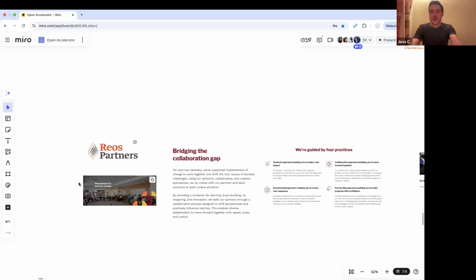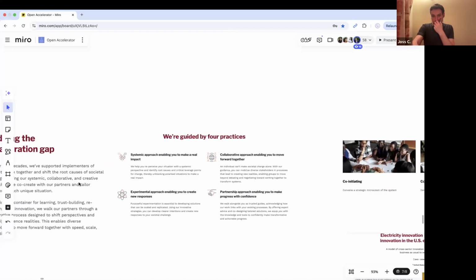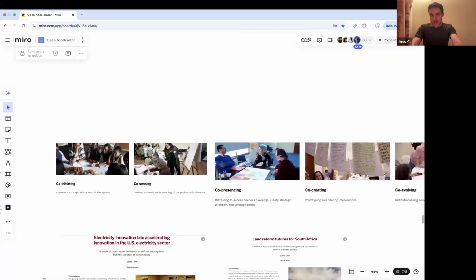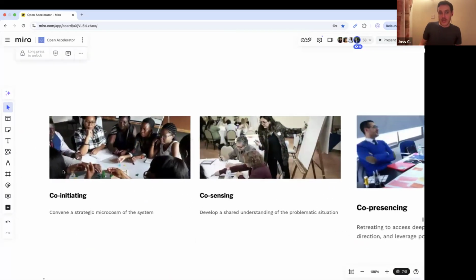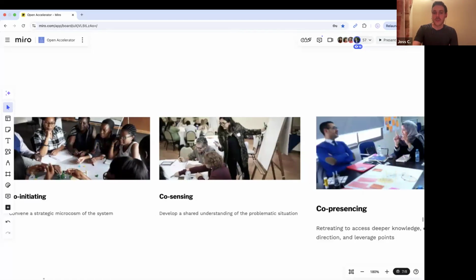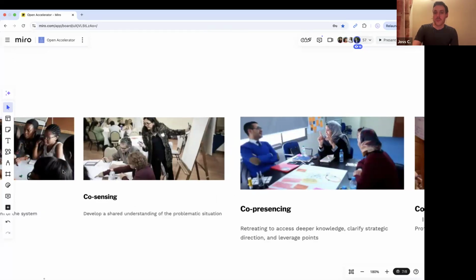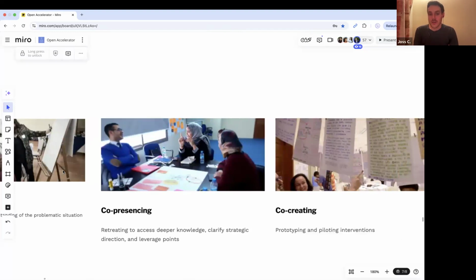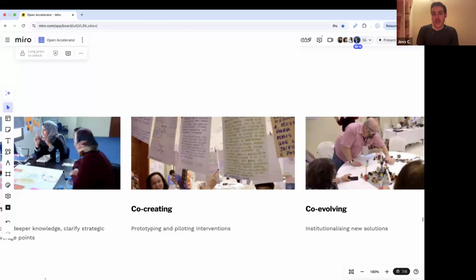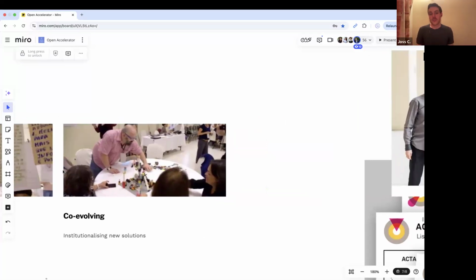Also, this is Rio's partners, who do a lot of facilitating systems change, and this is the kind of work that they do. Start with co-initiating, convene a strategic microcosm of the system; co-sensing, develop a shared understanding of the problematic situation; co-presencing, retreating to access deeper knowledge, clarify strategic direction and leverage points; co-creating, prototyping and piloting interventions; and co-evolving, institutionalizing the new solutions.